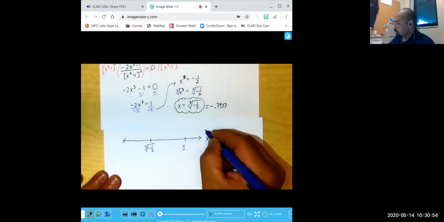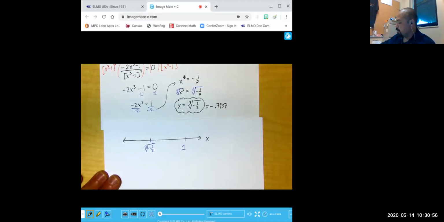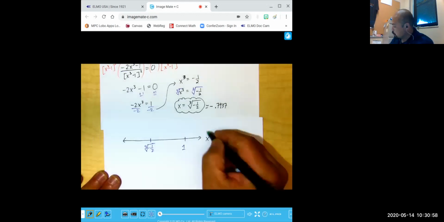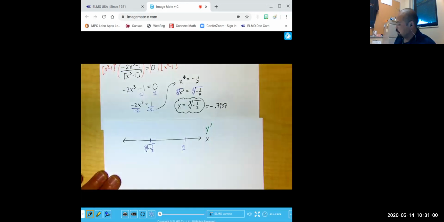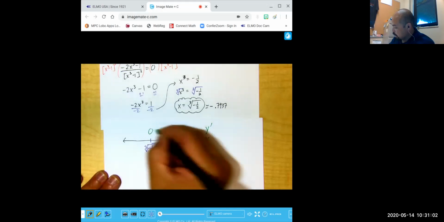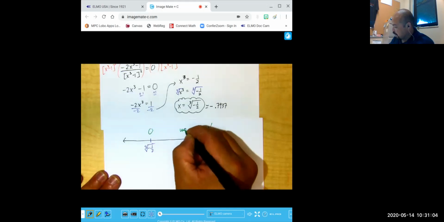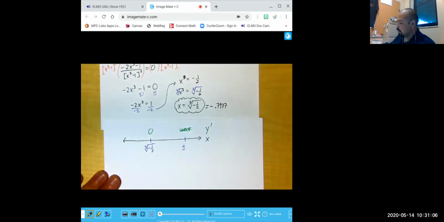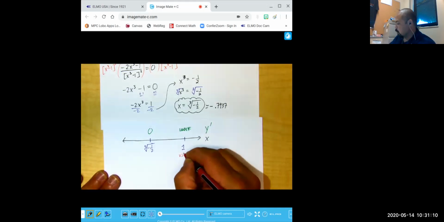So our derivative, let's see what color I want to use, green, y prime, my derivative, it was 0 here. I'm going to say it's undefined, right? Where we have that vertical asymptote at 1.